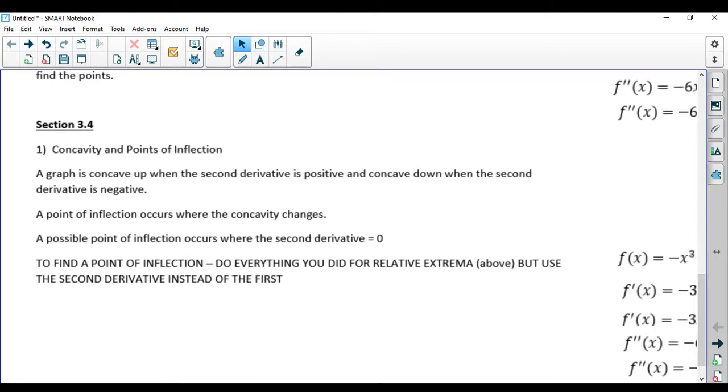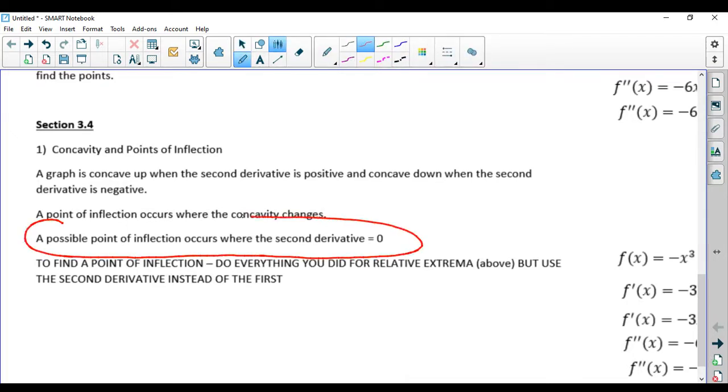Now, this is exactly like what we just did, except everything we do is going to be using the second derivative now for concavity and points of inflection. So we have to find the possible points of inflection first, and the possible points of inflection are where the second derivative equals 0.